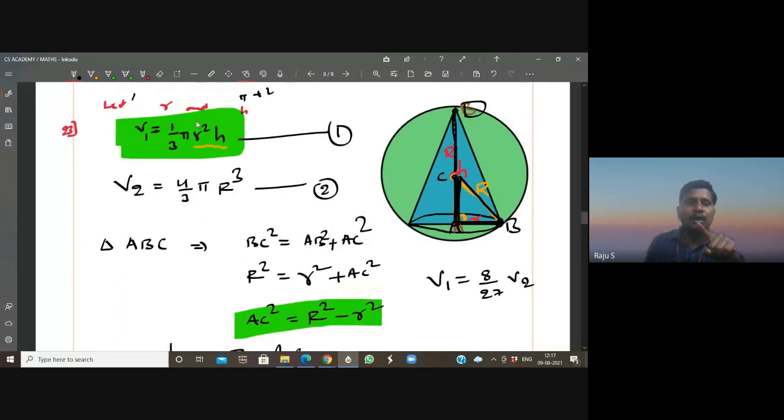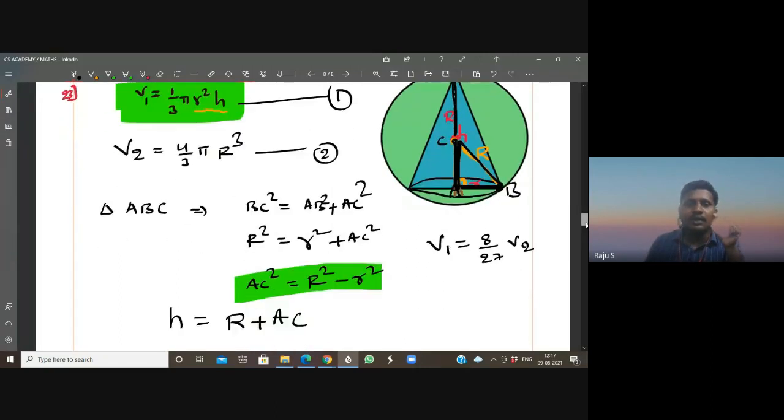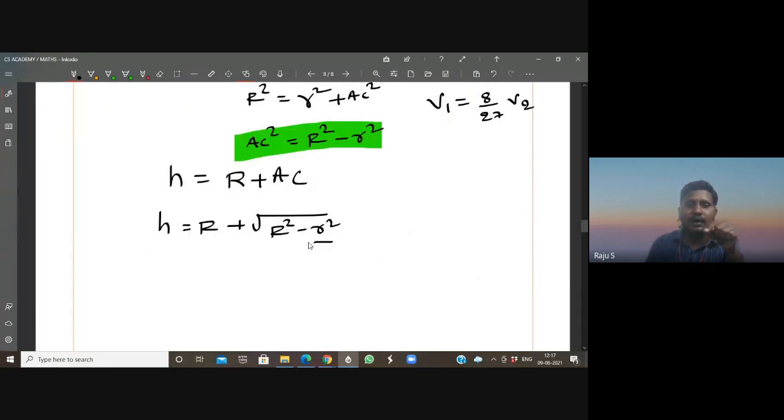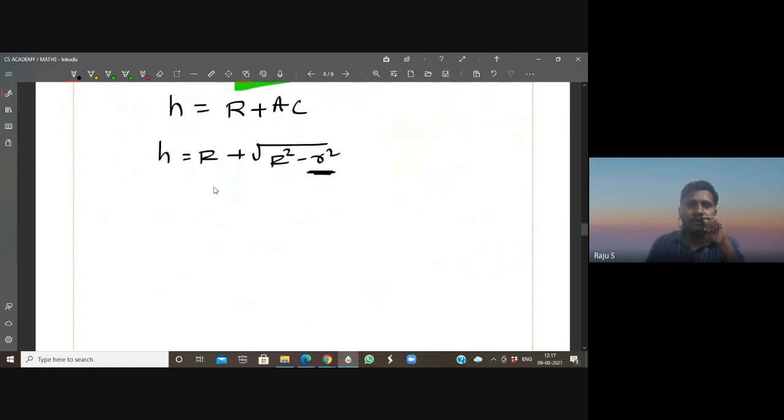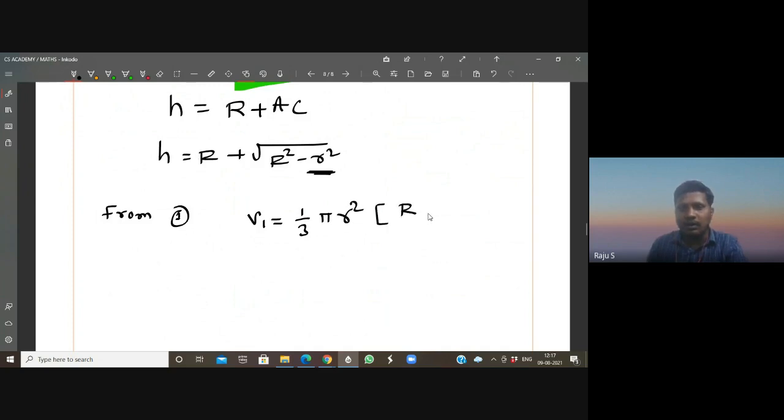For that, I want to convert small h in terms of small r. See here, we got small h value in terms of small r. This small h value we substitute in equation 1. From 1, the volume of the cone V1 is equal to 1 by 3 pi r square. What is h? Yes, small h value is capital R plus root over capital R square minus small r square.